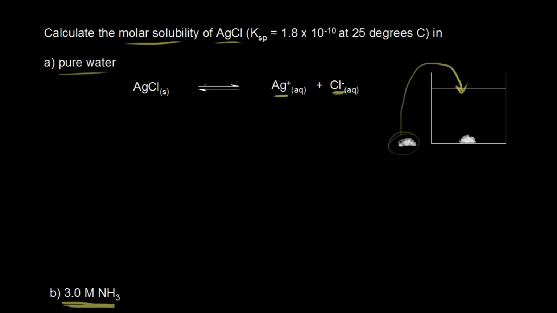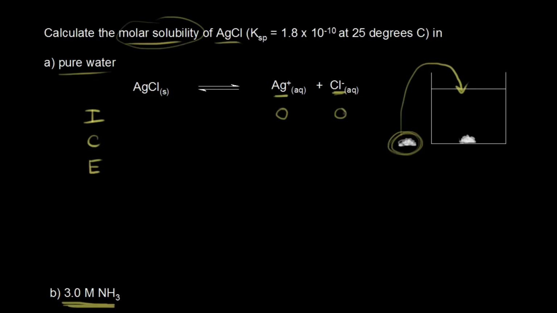To find the molar solubility of silver chloride, let's go ahead and write down our ice table. So our initial concentrations, our change, and finally our equilibrium concentrations. Before we put the silver chloride in, we didn't have any ions in solution. So the initial concentrations of our product are 0, right? We have 0 for the concentration of our ions.